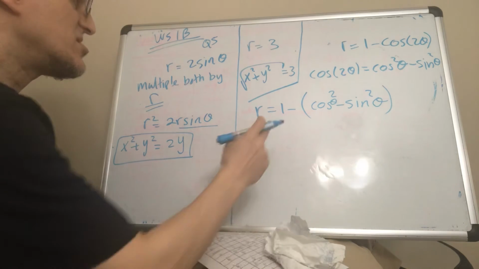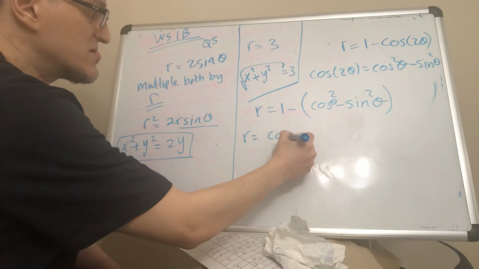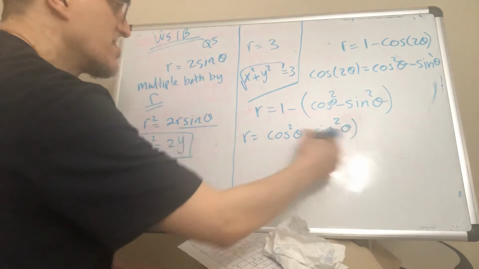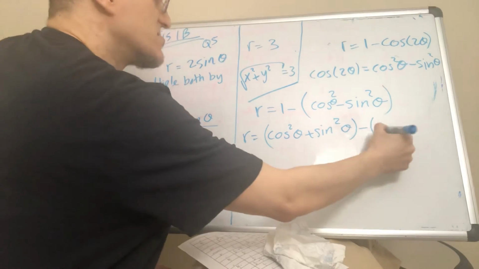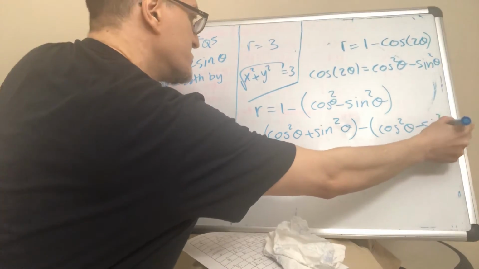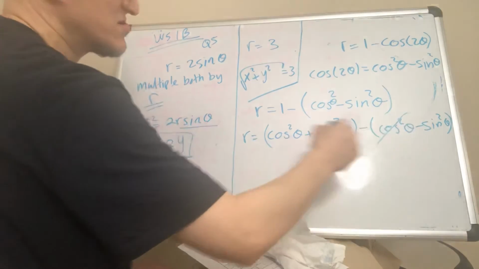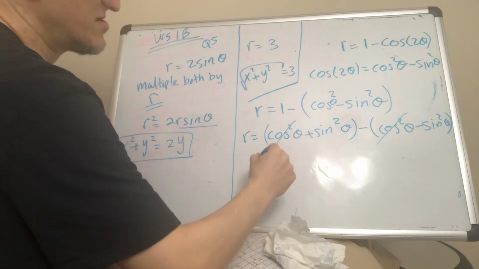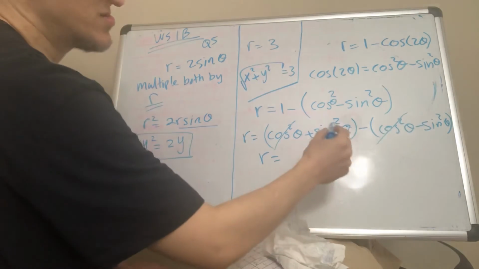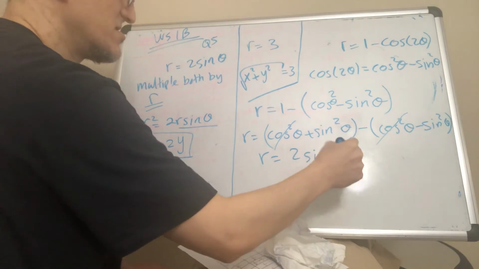Now, you also know that 1 is cosine squared plus sine squared, minus cosine squared minus sine squared. Now, cosine squared minus cosine squared, they cancel each other. Sine squared minus minus sine squared would be sine squared plus sine squared, 2 sine squared.